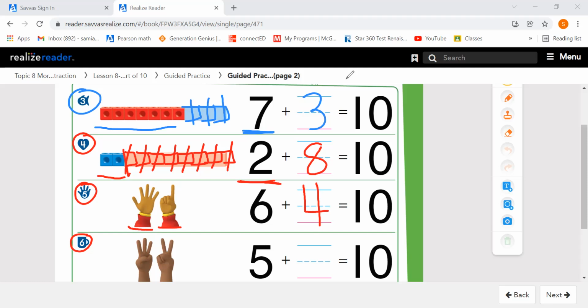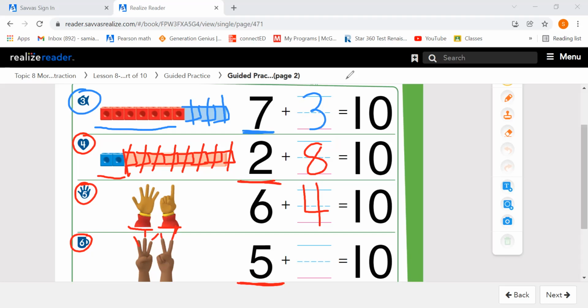All right, we're going to do the same thing for number 6. Let's count these fingers. 1, 2, 3, 4, 5. So there are 5 fingers. How many more fingers do we need to get to 10?